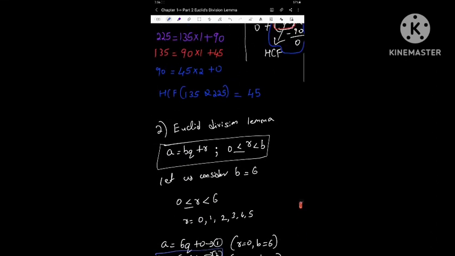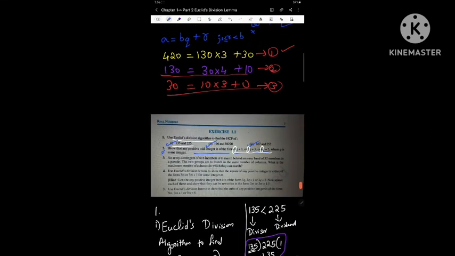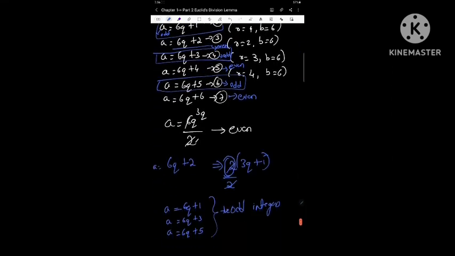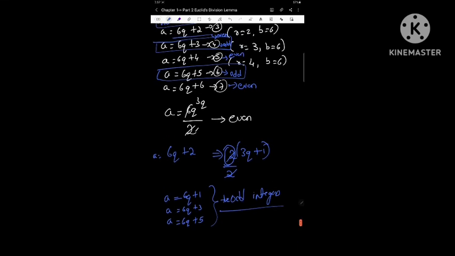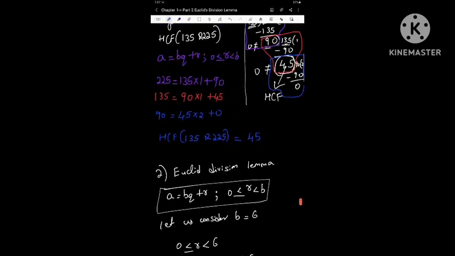That's what they asked in the question: show that any positive odd integer is of the form 6q plus 1 or 6q plus 3 or 6q plus 5, where q is some integer, and we have shown that. I hope you understood this question. Now let's move on to the third question.